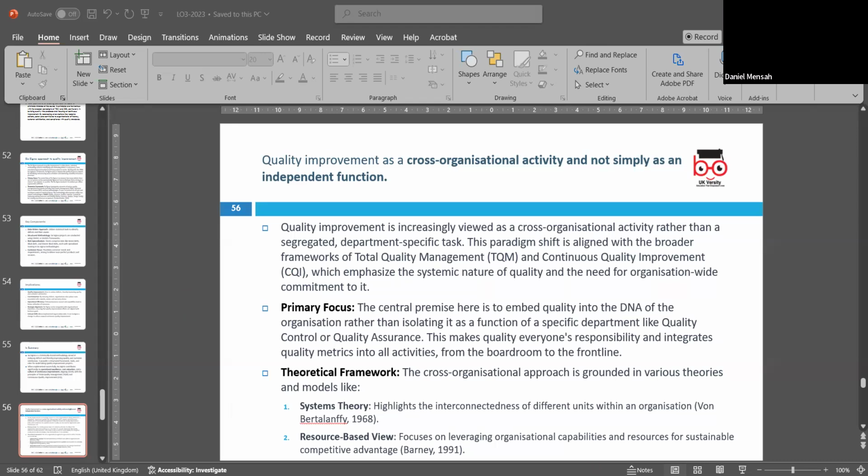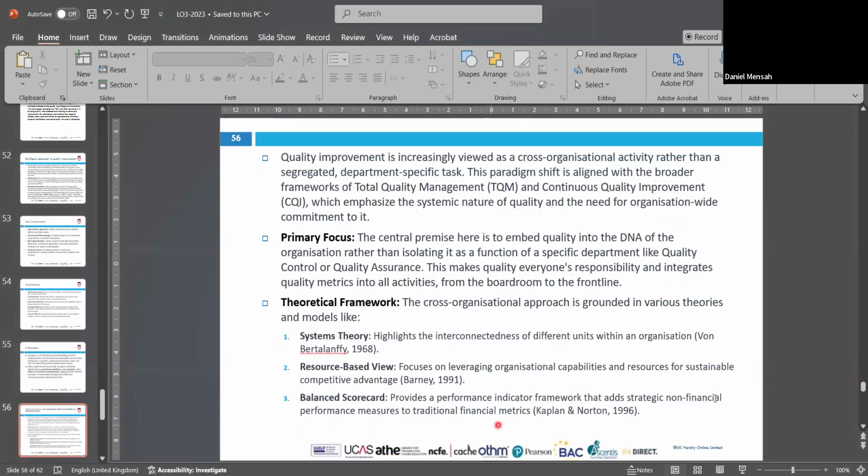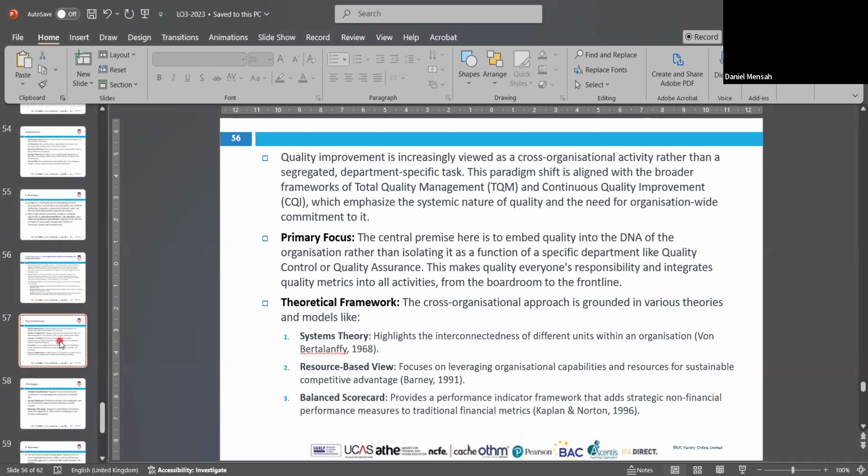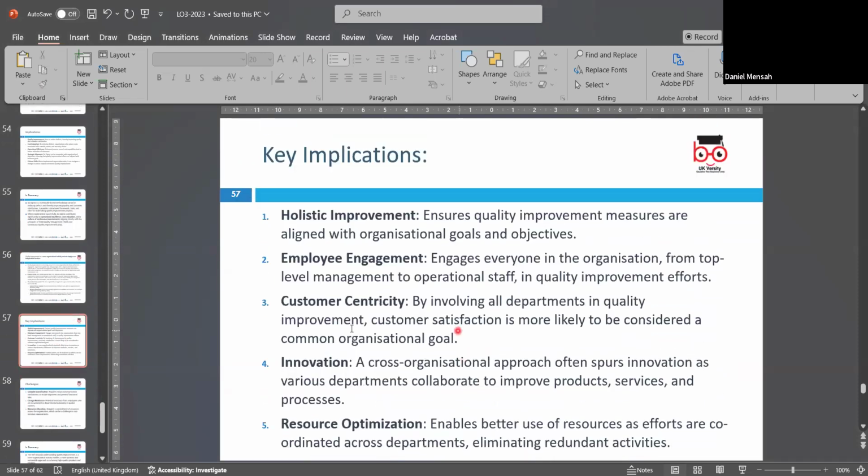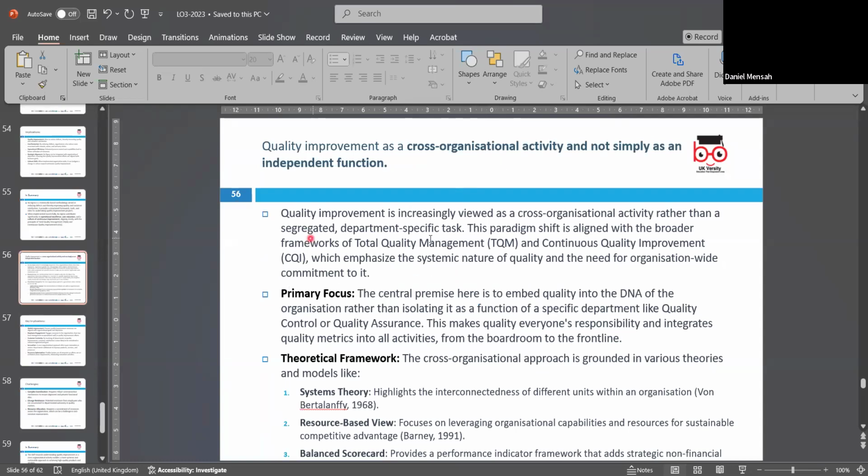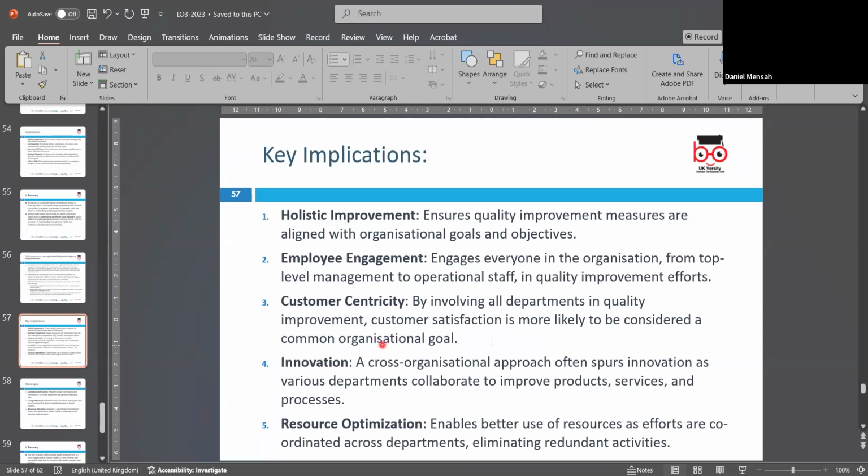They are consolidating these theories, which are all working toward holistic improvement of the organization. So in crux, nowadays the focus of this approach is that quality shouldn't be limited to one department. It should be a cross-organizational activity because then it brings holistic improvement.